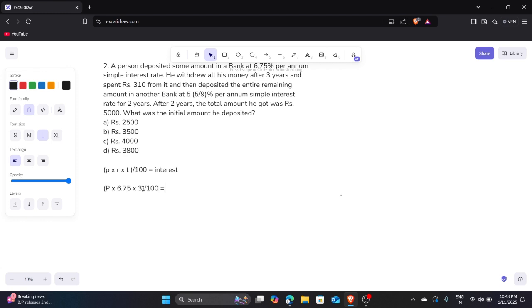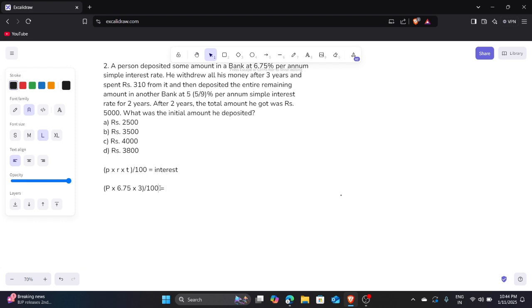So we get something for 3 years, and from that amount we subtract the money he spent, and then deposit the entire remaining.